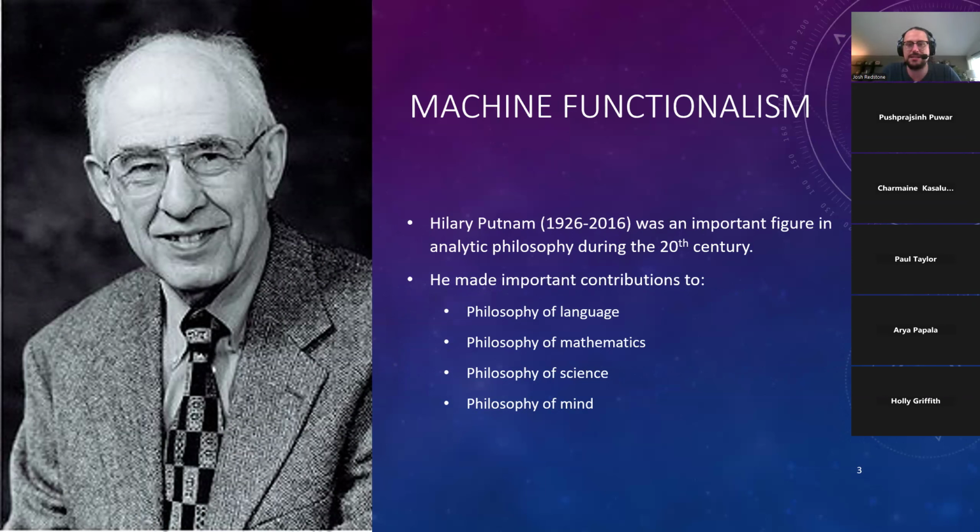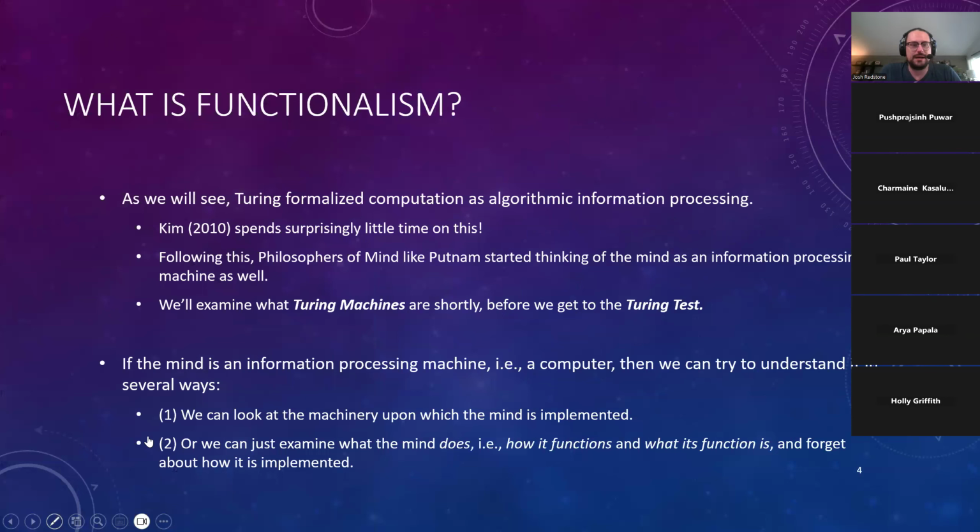He worked closely with other philosophers like Saul Kripke, and he borrows extensively from the work of Alan Turing, which is why I have as a supplemental reading not only Putnam's paper, Psychological Predicates, which is the paper that really kicked off functionalism, but also Turing's paper, Computing Machinery and Intelligence. That is not the paper in which Turing actually formalizes computation. That's an earlier paper called On Computable Numbers, with an Application to the Decision Problem.